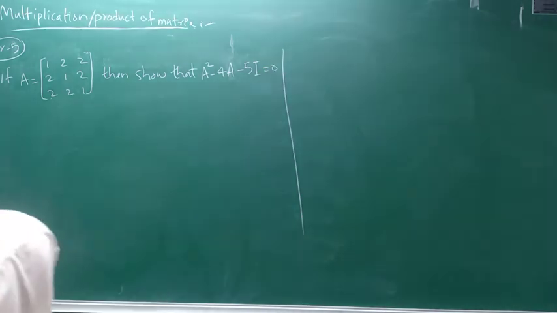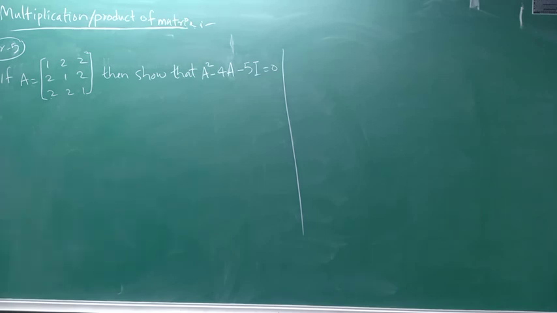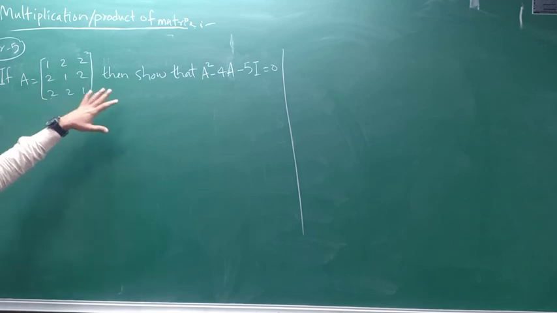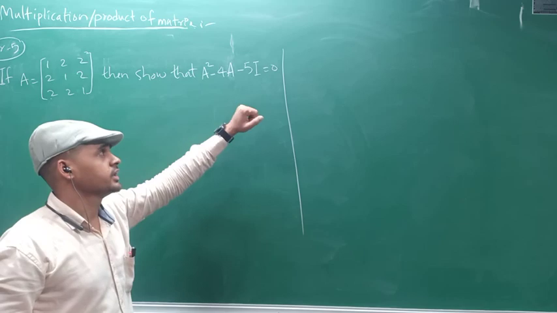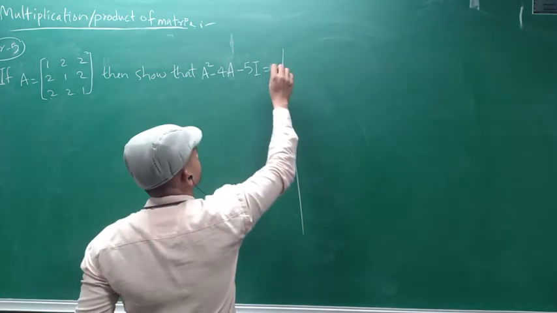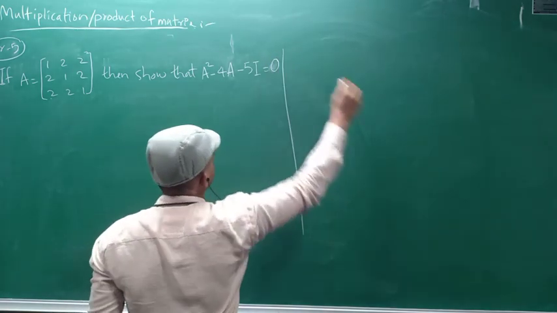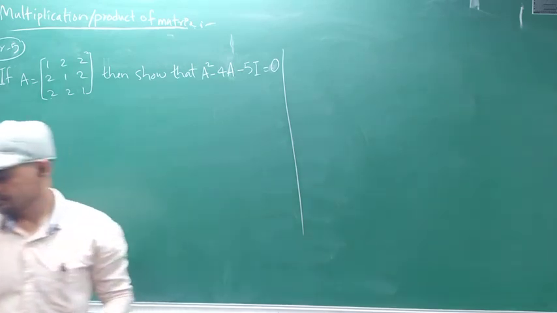Okay. The question is, if A is equal to [1, 2, 2; 2, 1, 2; 2, 2, 1], then show that A square minus 4A minus 5I is equal to 0, or we can say null matrix.